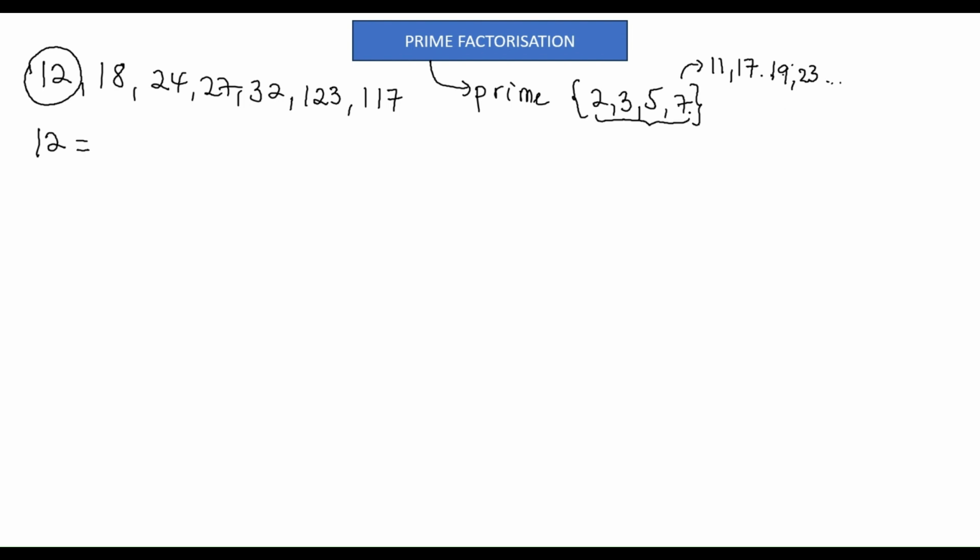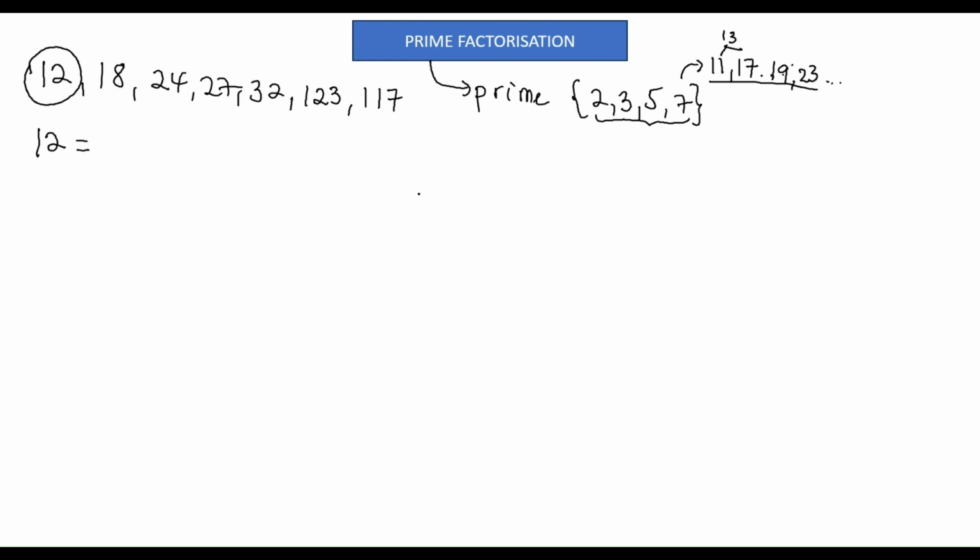Before 17 there is 13, which we might also need to use. If we go beyond them, we are going to use the other primes. But mostly, by the time you use all these ones, you'll be able to get the prime factorization of the given number that you have.